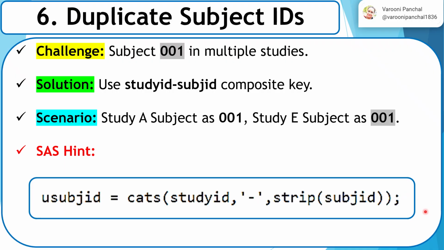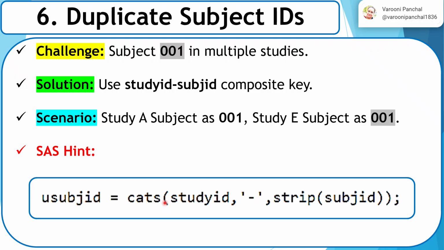Remember one thing, if you are handling studies which were conducted 10 years before, 5 years before, whatever format or consistency you are using right now in the database system might not have been present then. Something or the other could have changed. So just to avoid the leading and trailing blanks, which are quite possible in the subject ID variable values, you can use the strip function.